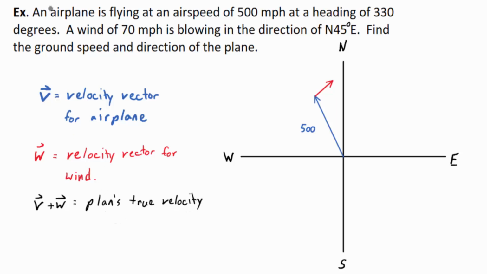The plane's true velocity vector, and we'll say from the ground. From a stationary point on the ground, right? So what do we do to find that? And by the way, we call this the resultant vector when we add two vectors together, in case you hear that word, resultant.